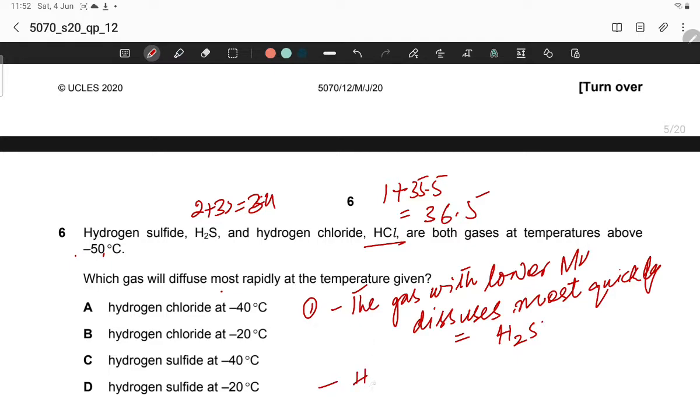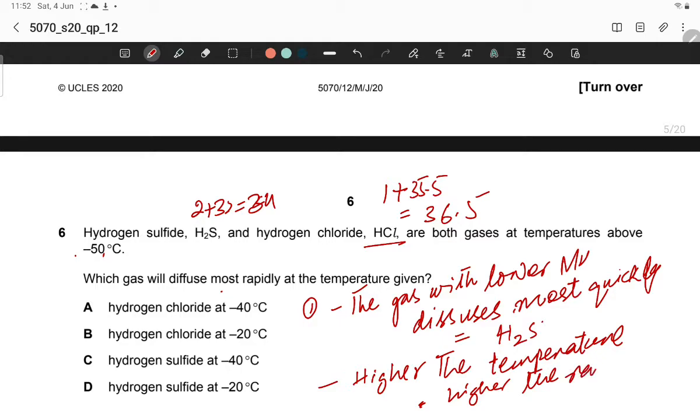Higher the temperature, higher the rate of diffusion.